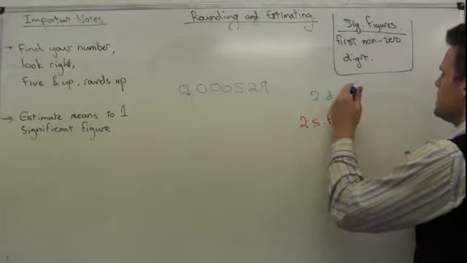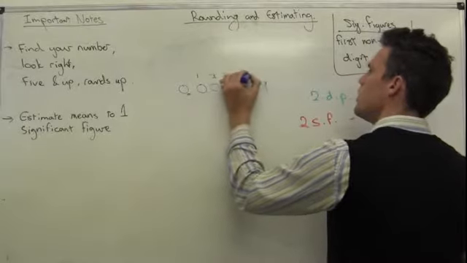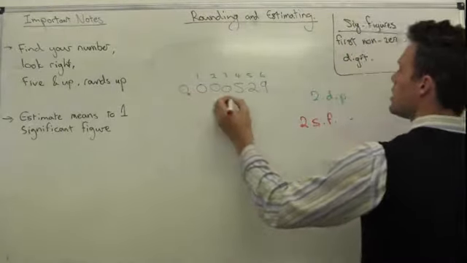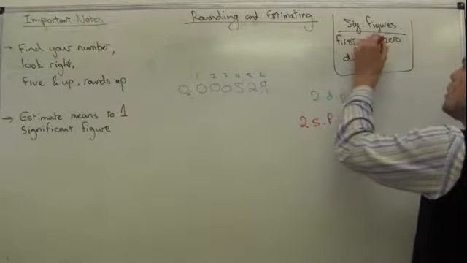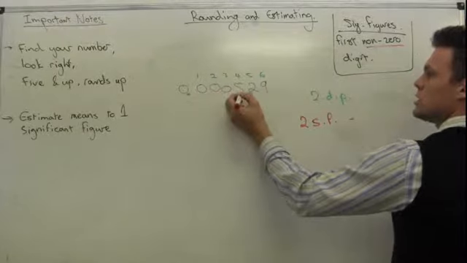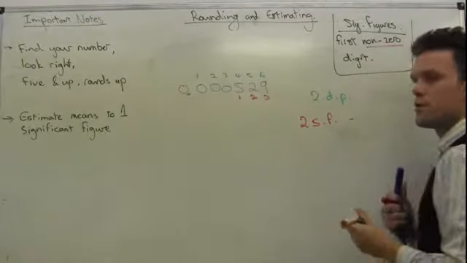So for decimal places, if I start numbering my decimal places, I've got 1, 2, 3, 4, 5, and 6. Significant figures, however, I'm going to start counting from the first non-zero digit. So I'm not going to start there. I'm actually going to start here. 1, 2, and 3.